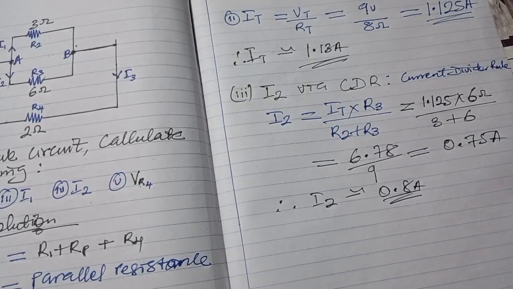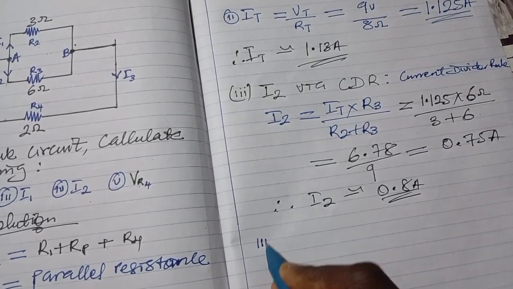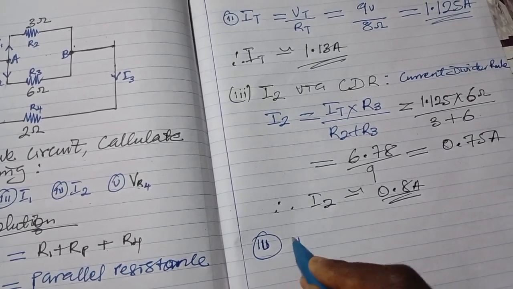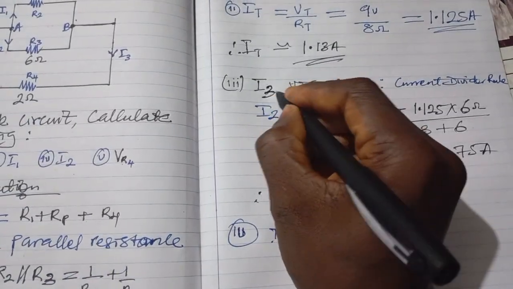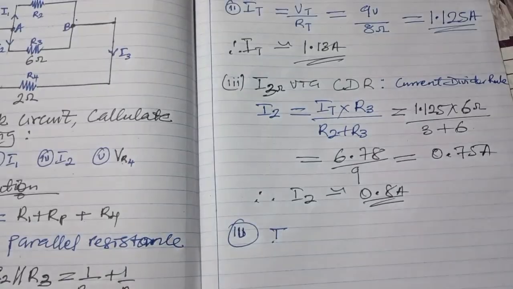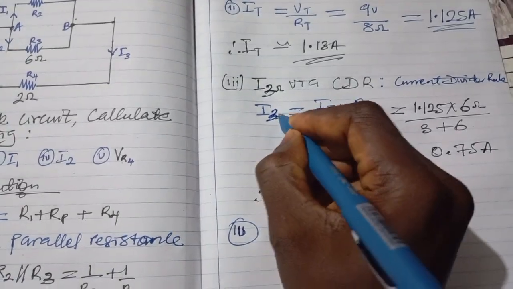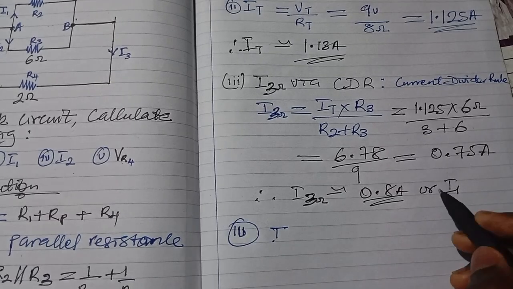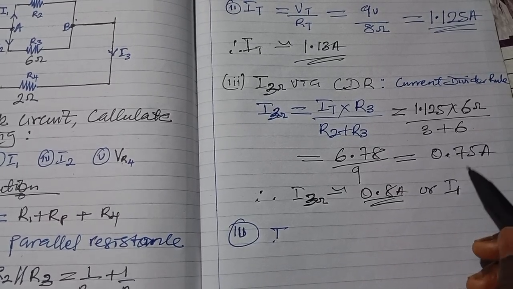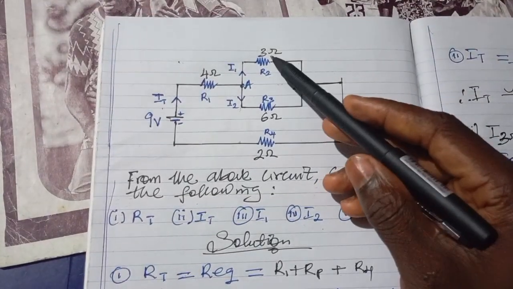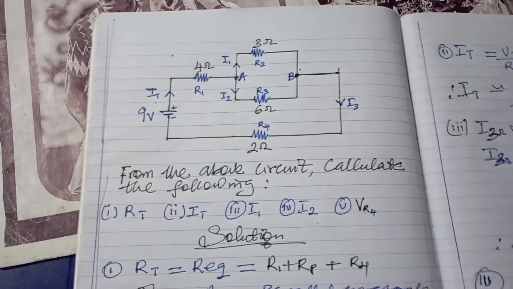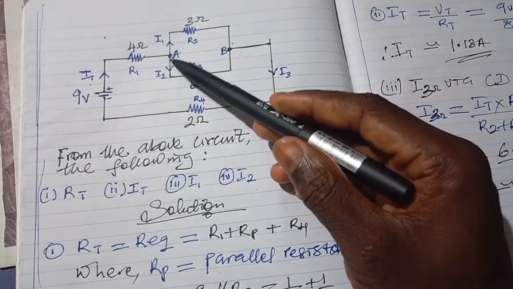Now let's calculate the other branch current. This is the branch current through this 3 ohms resistor, so we are talking about this current I1.